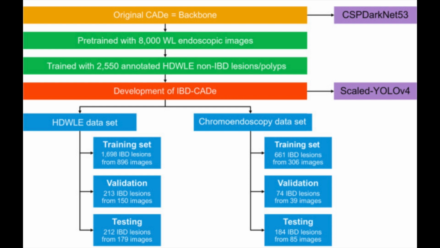We had our own data scientist, Jeffrey Fetzer, who did all the analysis, and he developed the original CAD-E tool that we'll talk about when we talk about the study design. We developed that in-house and then went on to refine it to detect dysplastic lesions in IBD, which morphologically can be different than in non-IBD patients.